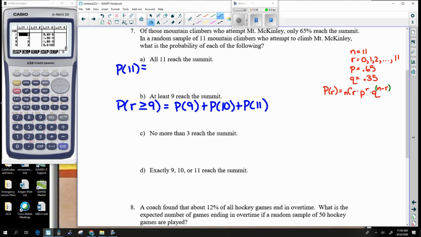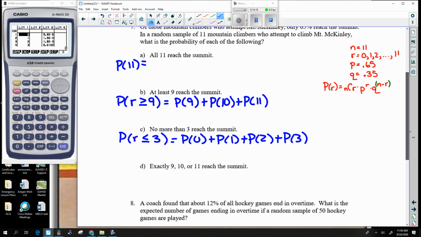All right, no more than 3, so the probability that R is less than or equal to 3 would be the probability of 0, 1, 2, and 3. That is going to probably involve a lot of zeros.